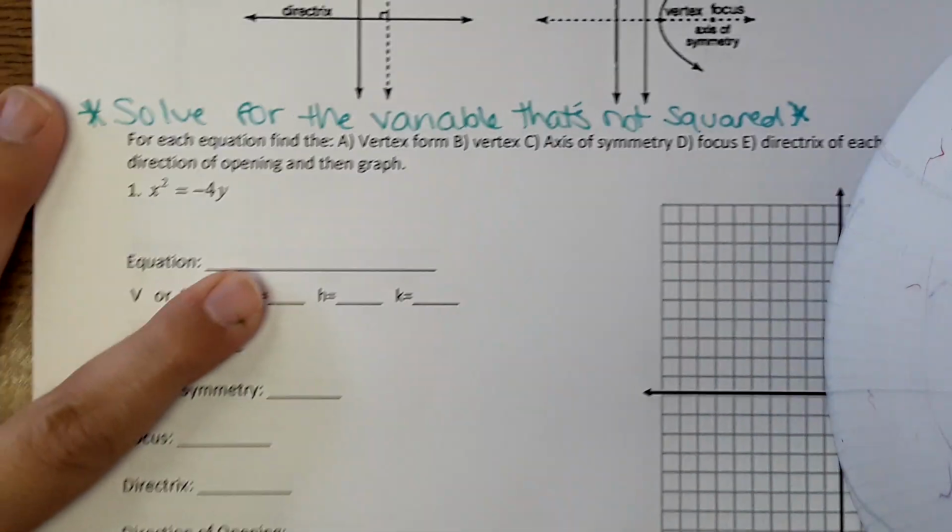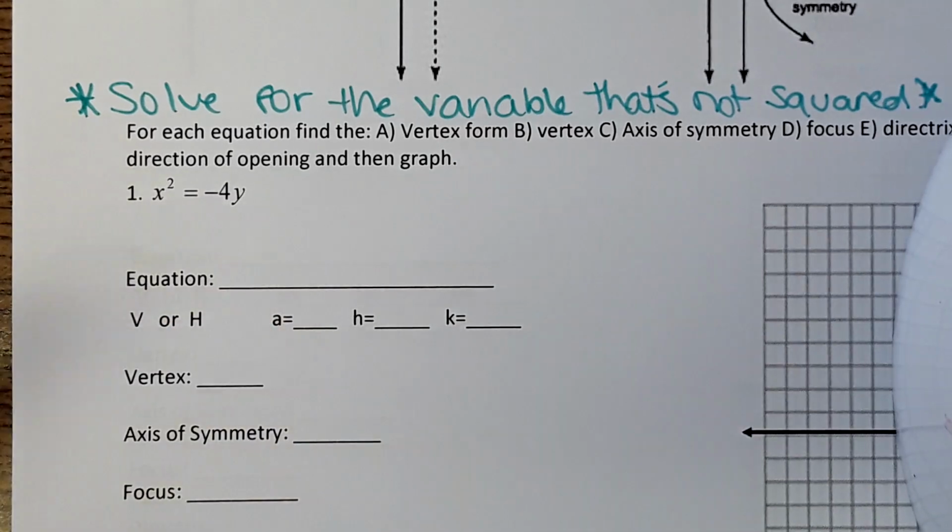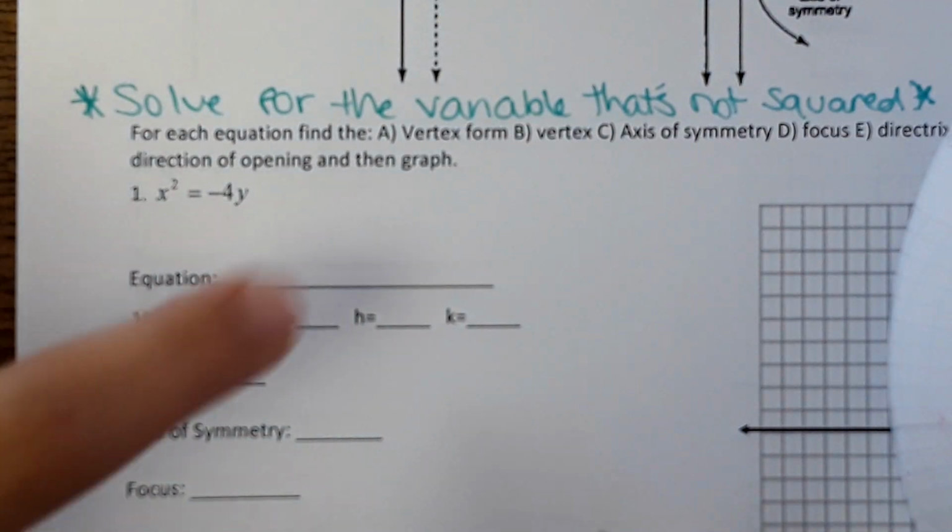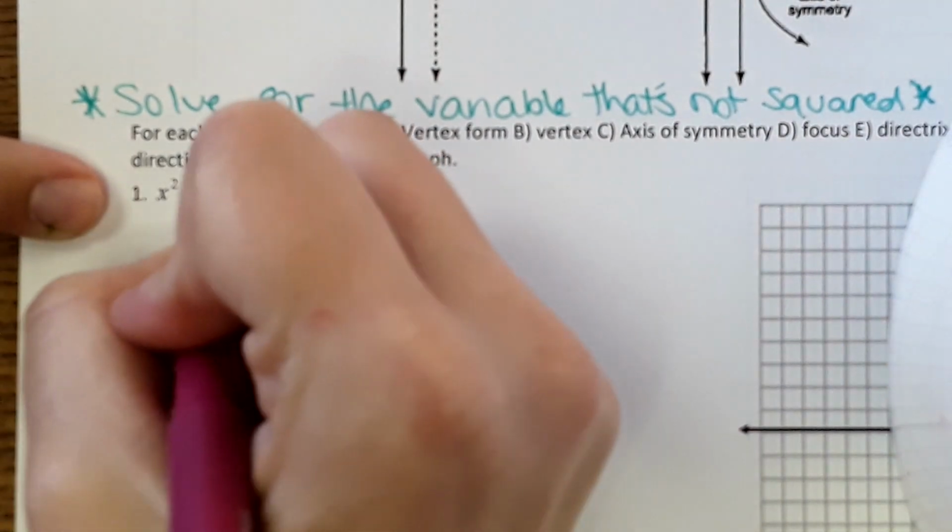Okay, so what that means is we're going to get y by itself. Y is the variable that's not squared, so we're going to get y by itself.